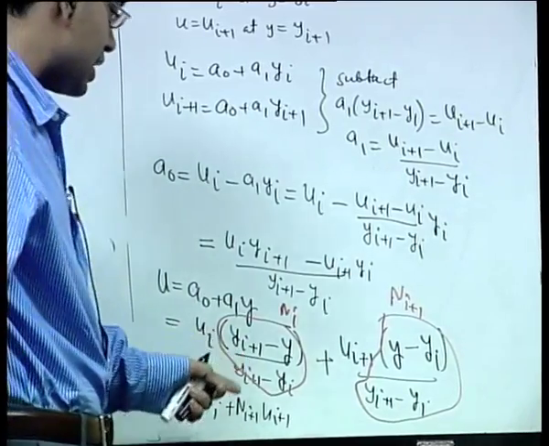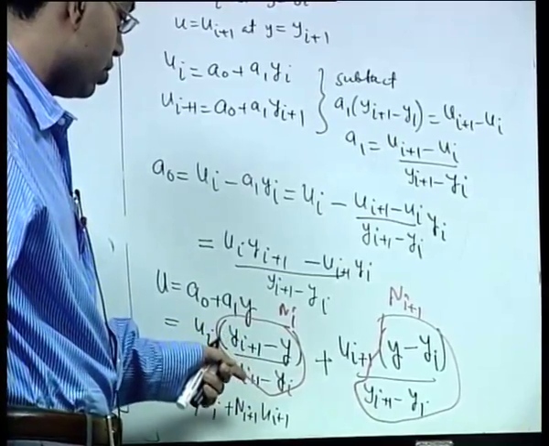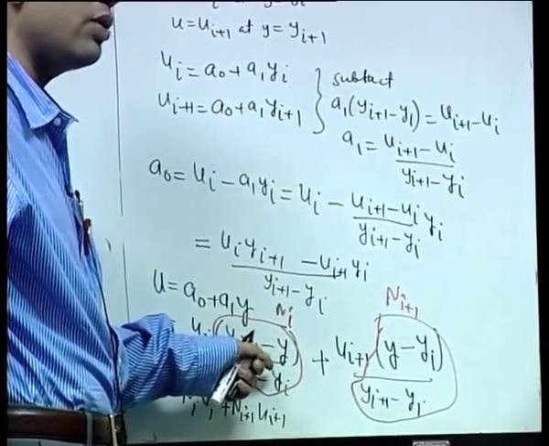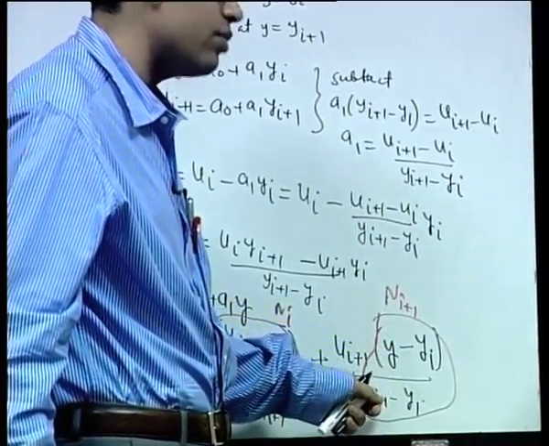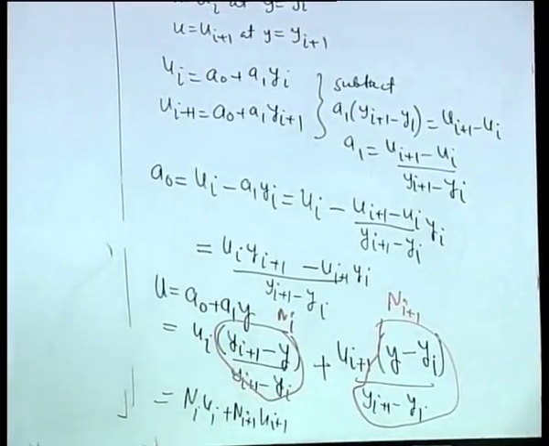To check whether the derivation has been fine or not, we can check that Ni should be equal to 1 at y equal to yi and 0 at y equal to yi plus 1. Similarly, Ni plus 1 should be 1 at i plus 1 and 0 at i.